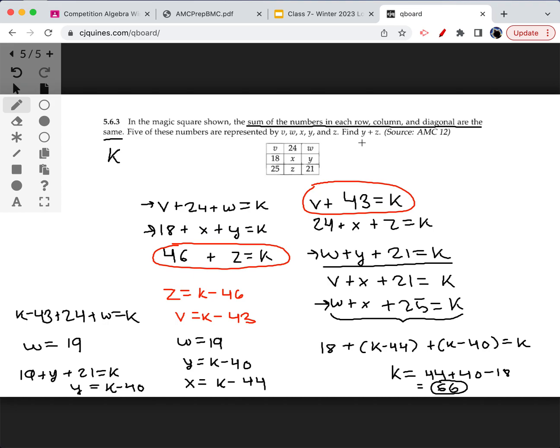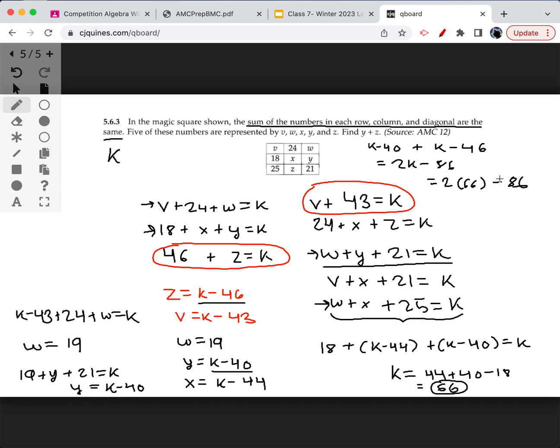But the problem was asking for y plus z. So y plus z would be k minus 40 plus k minus 46. So k minus 40 plus k minus 46, which would be 2k minus 86, which would be 2 times 66 minus 86.